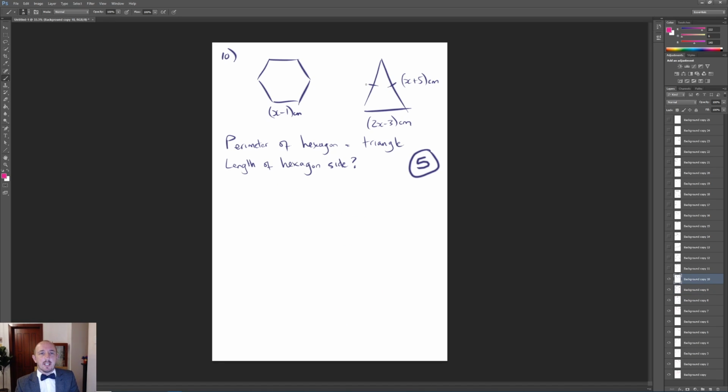Here we have a regular hexagon and an isosceles triangle because we've got these 2 lines here, so that helps us to fill in the extra information we need there. And the perimeter of the hexagon is going to be 6 lots of x minus 1, and that's equal to 2 lots of x plus 5 plus the 2x minus 3. So we have 6x minus 6 is 2x plus 10 plus 2x minus 3.